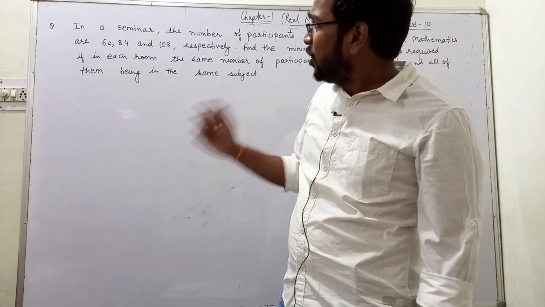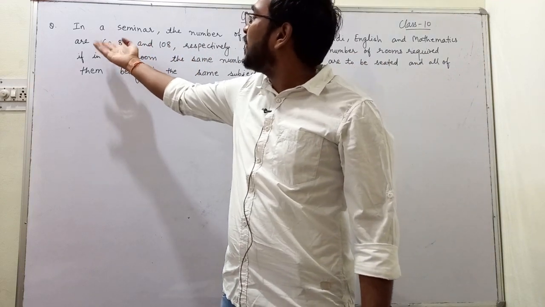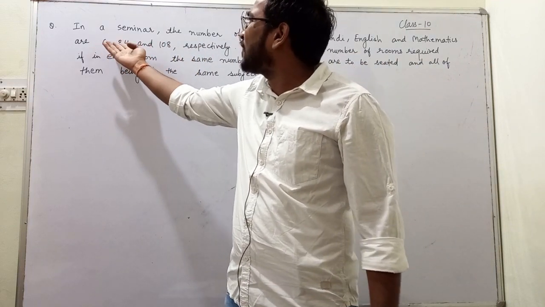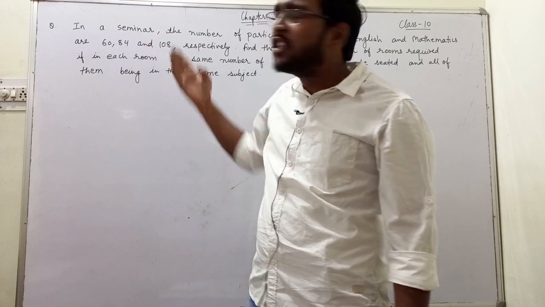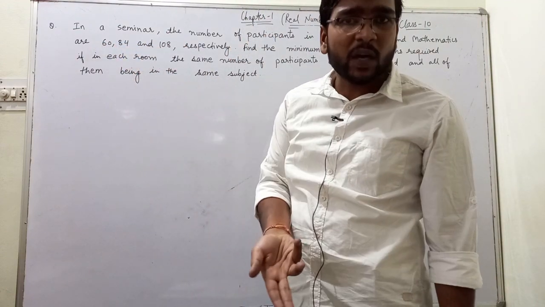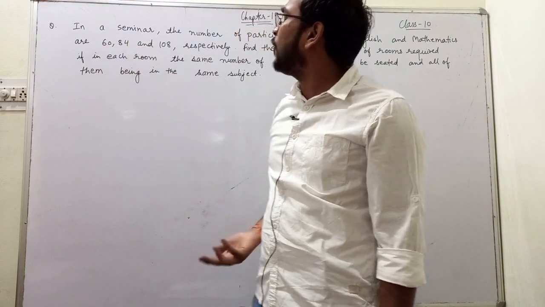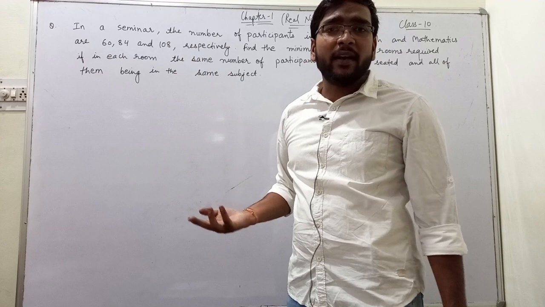You can clearly see that the HCF of 60, 84 and 108, the number which divides all these 3 numbers, is 12. 12 fives are 60, 12 sevens are 84 and 12 nines are 108.